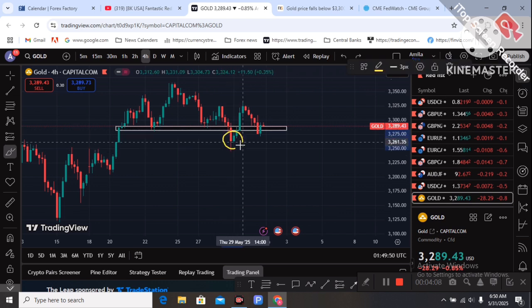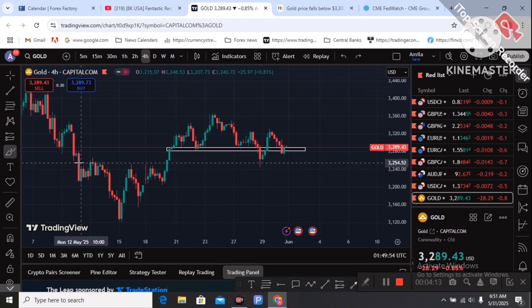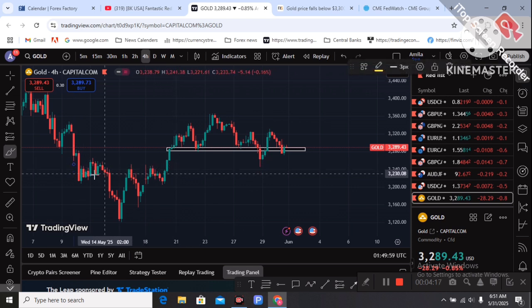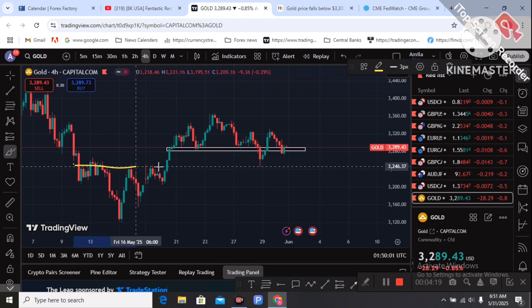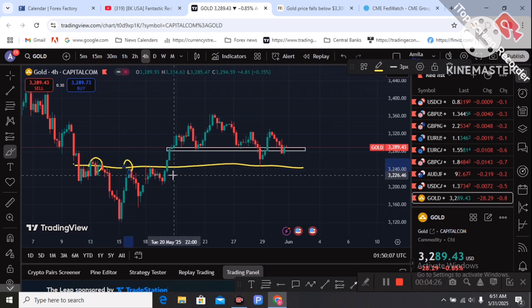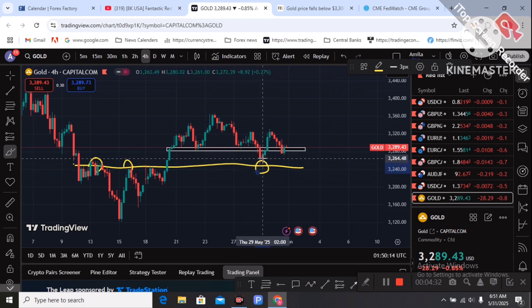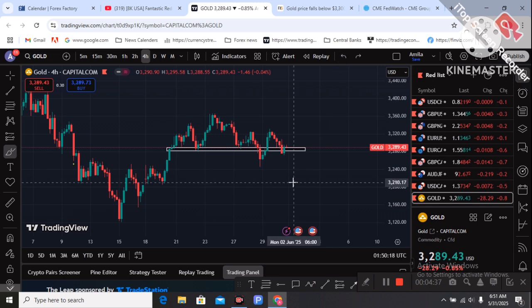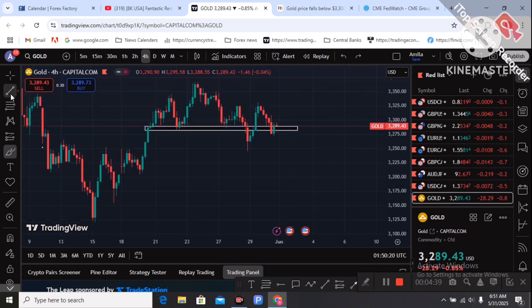So this is a liquidity area. Price collected this liquidity, and this left side resistance becomes support on the right side. Price again pushed to the upside. That's the technical picture on the 4-hour chart.